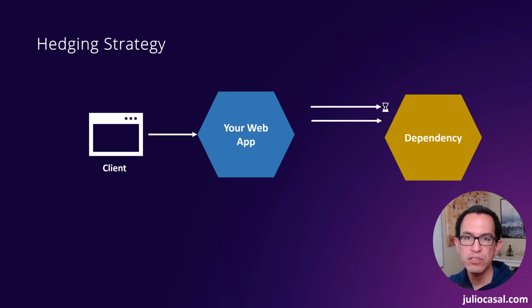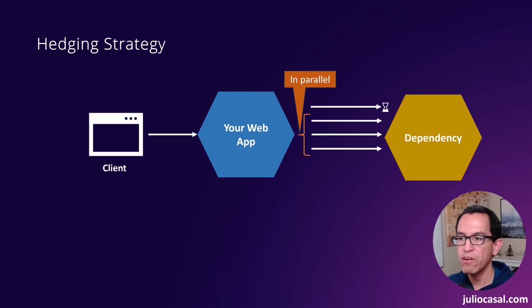If that is also taking more time than we are comfortable with, we send more requests, potentially in parallel. We can send one or more requests to see which one ends faster. It's a way to try very hard, and whichever response is faster is the one that wins, and that completes our request.